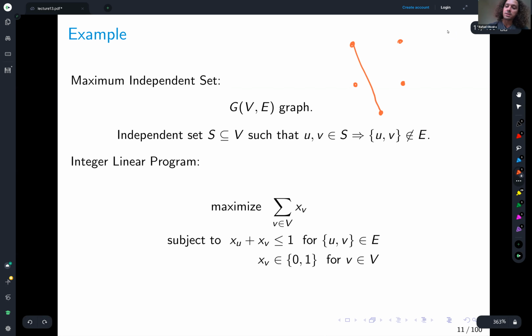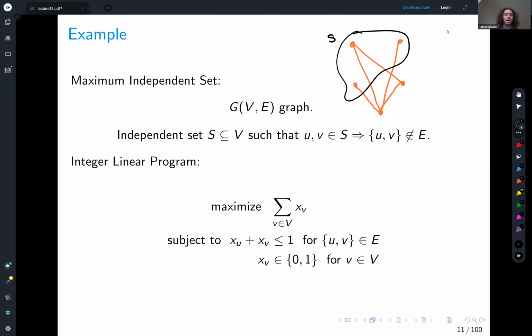If I have this graph, for example, what is the maximum independent set here? The maximum independent set of this graph will be exactly those three vertices, because you can see that in this subset of V, none of them are connected by an edge. Does that make sense? And if you take any four elements, they will be connected by an edge. Does that make sense?